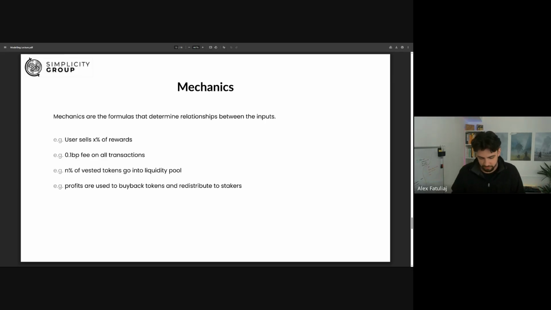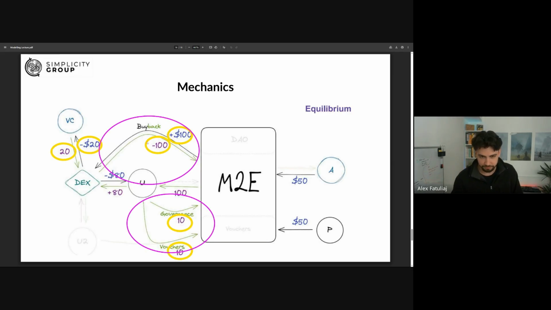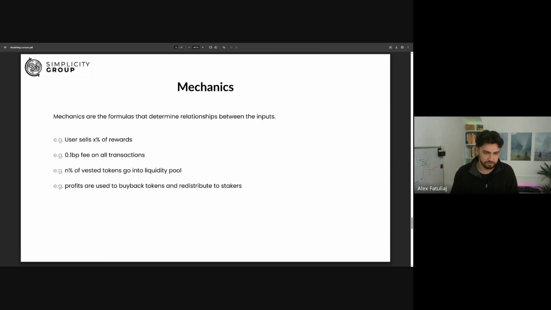So when you're building a deterministic model, it's the formulas that you have in the cells of the Excel table. Or when you're building a stochastic model, it's how the different arrows connect to the different pools, and the formulas that define how many tokens go from this pool to that pool, or from this wallet to that wallet. That's just what it is.